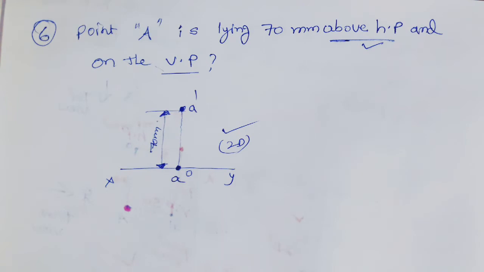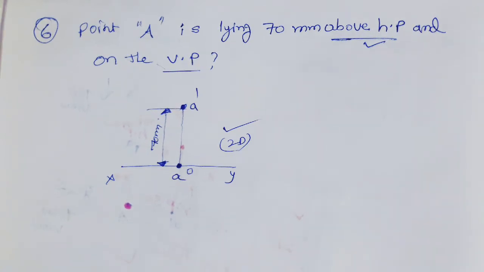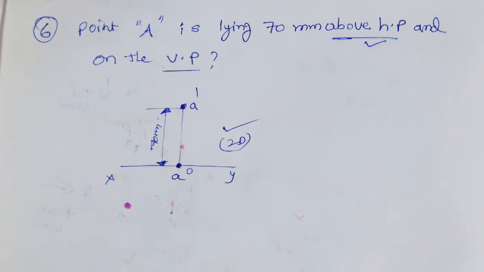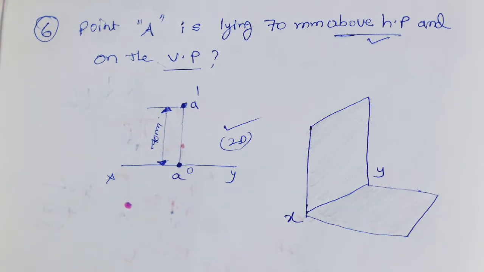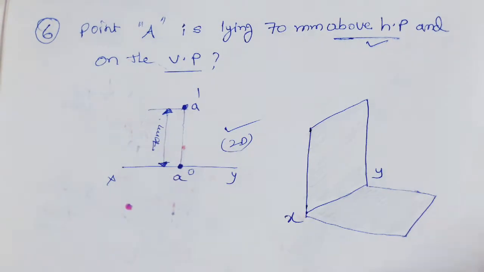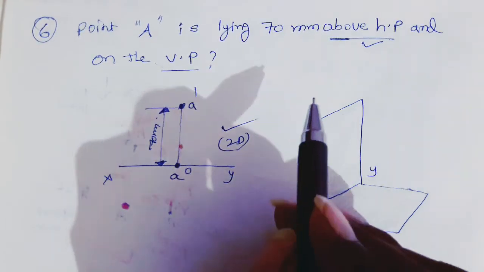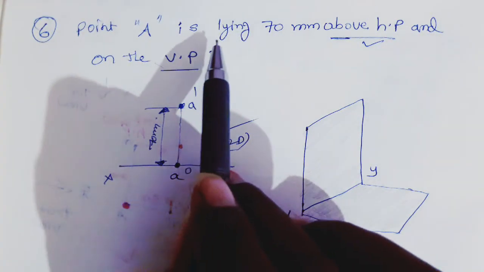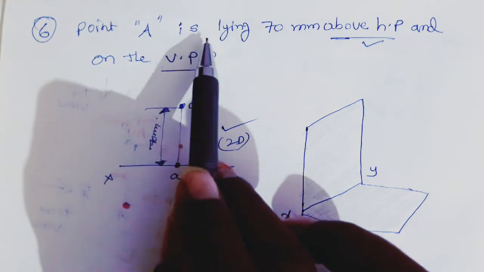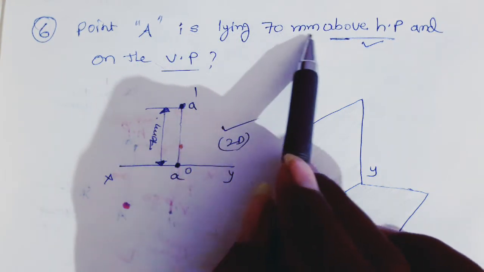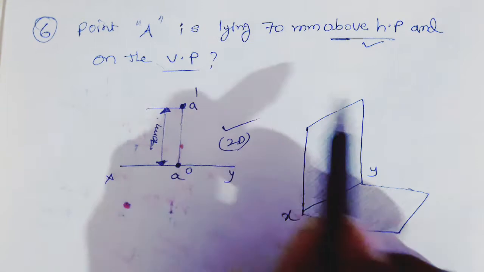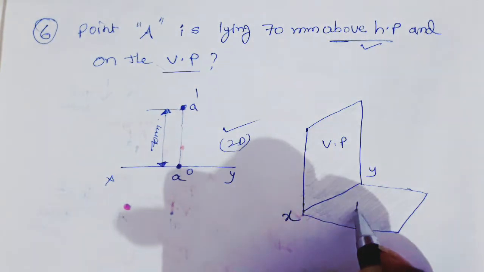If you imagine the 3D representation of the point A, in which quadrant will the point A come? First quadrant, second, third or fourth? See here, this is the first quadrant I have taken to represent this point A. The point A is lying 70 mm above HP and on the VP. This is VP, this is HP.